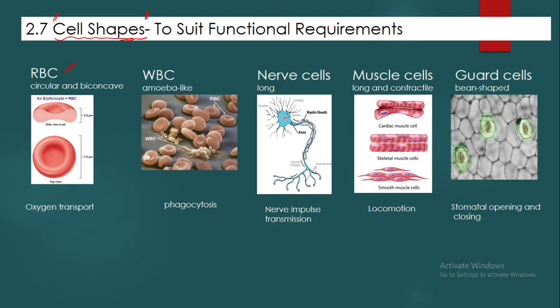Excuse me, sir. Yes. Sir, what is phagocytosis? Phagocytosis means phago, phago means eating, cytosis, eating the cells. So WBC will directly eat any bacteria that enters into the blood. The phagocytes, the WBC, will come and directly eat it.